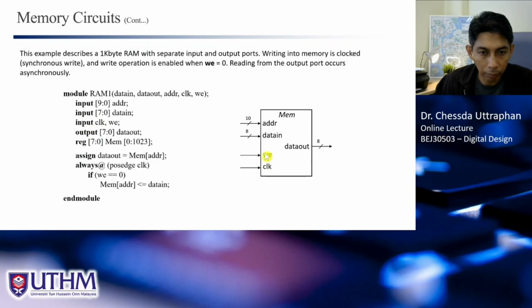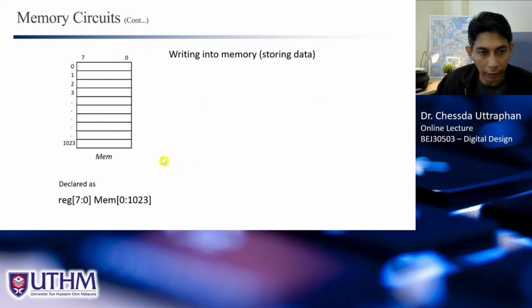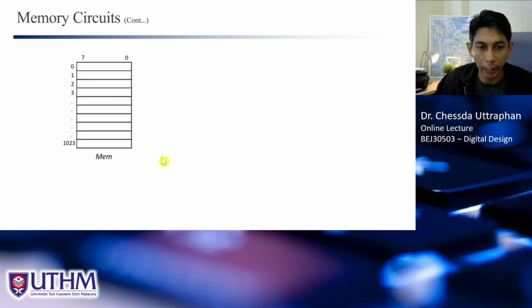These two signals are 1 bit, clock and WE, 1 bit, data out 8 bit, [7:0], and this is the declaration of the memory. [7:0], the size of each location is 8 bit, and the name of our memory is MEM, 0 to 1023, which means that we start with 0 and end with 1023, right? We have 1K unique locations.